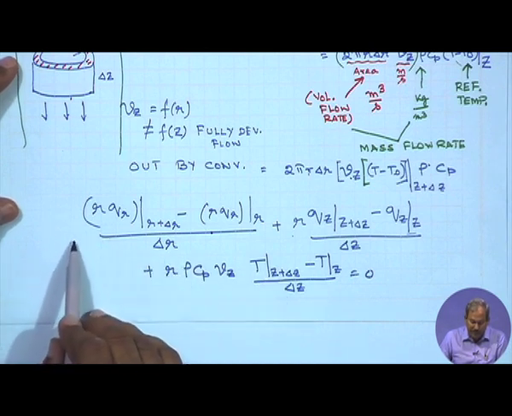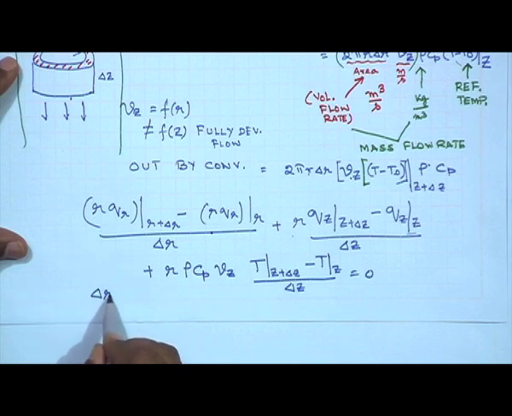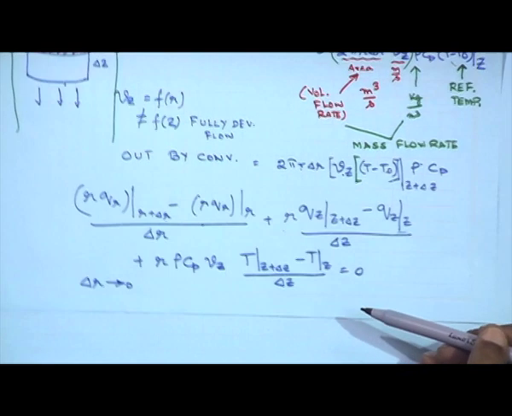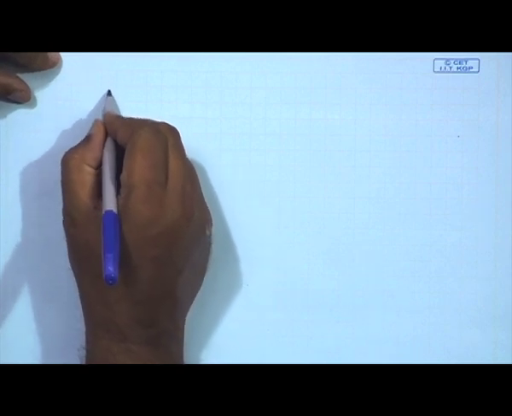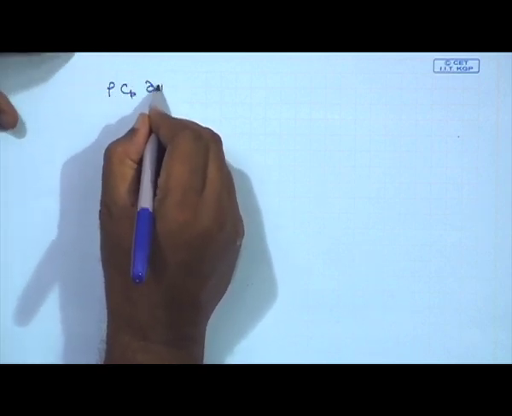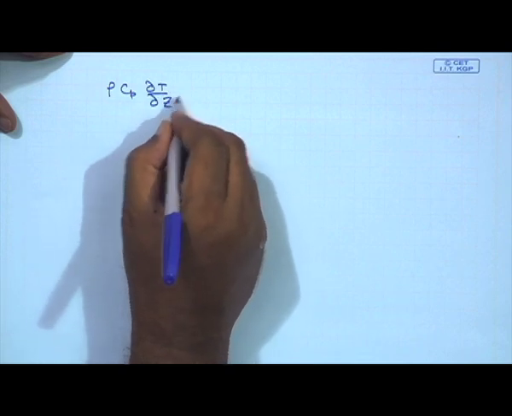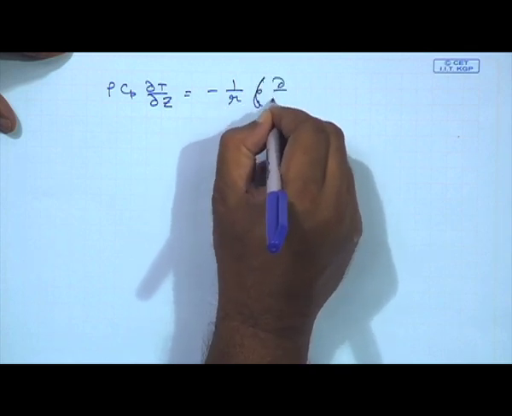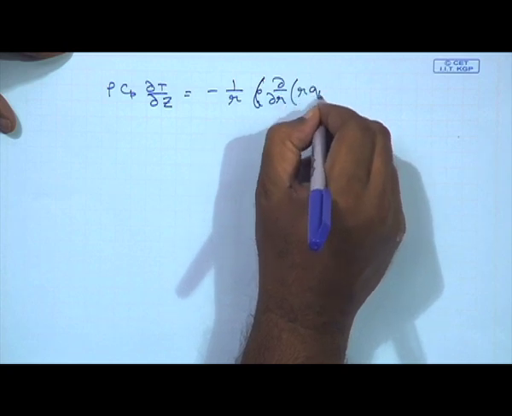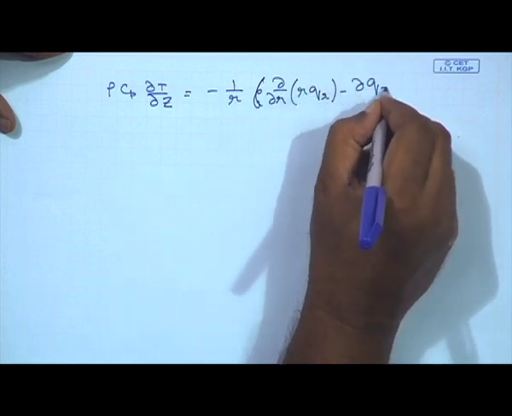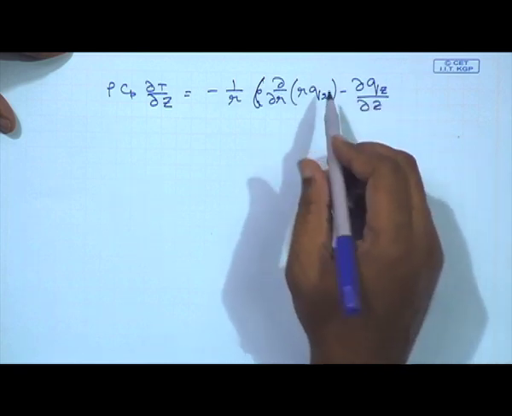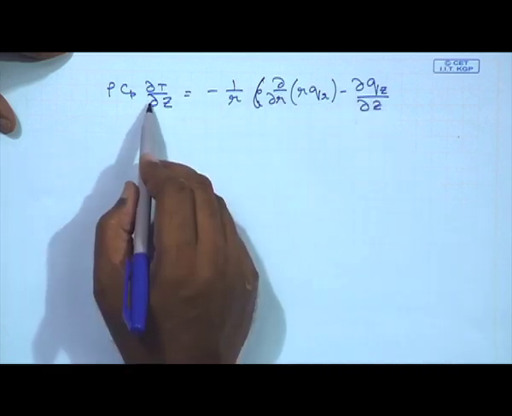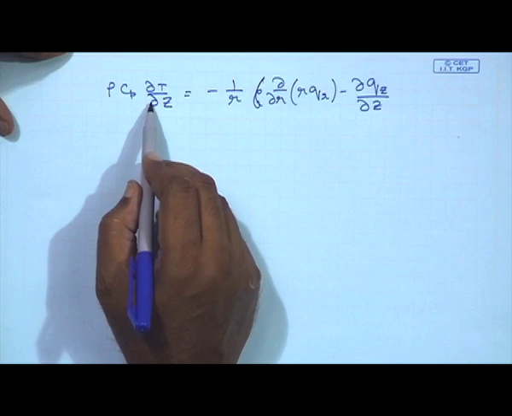So, when you take the limit delta r tends to 0, you convert this difference equation into a differential equation, and the differential equation would be rho Cp del temperature by del z is equal to minus 1 by r del r of r q r minus del q z by del z. So, the right hand side refers to conductive heat flow, the left hand side refers to convective heat flow.